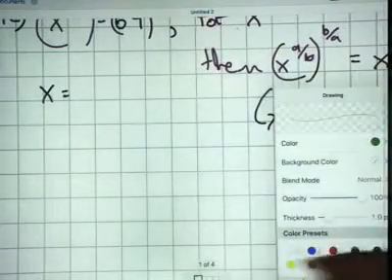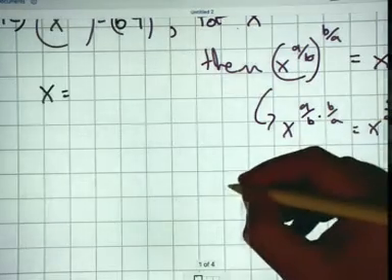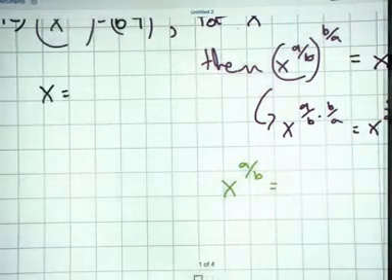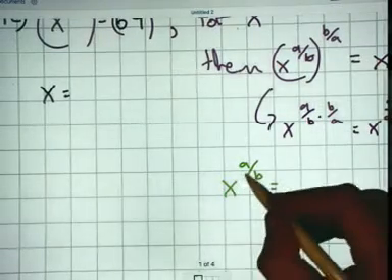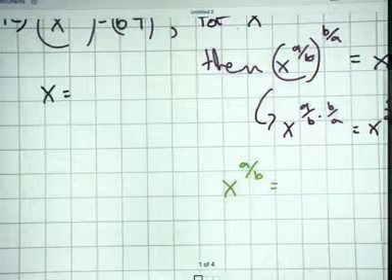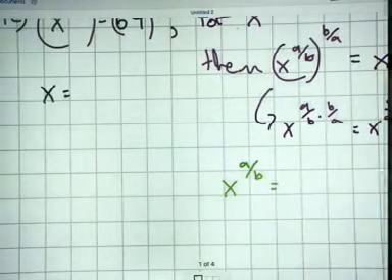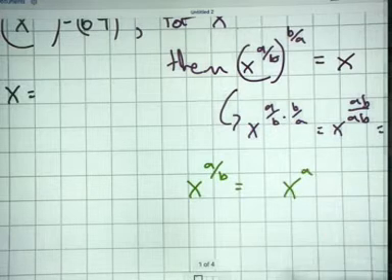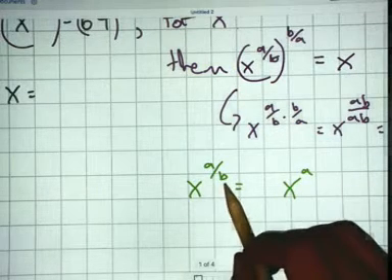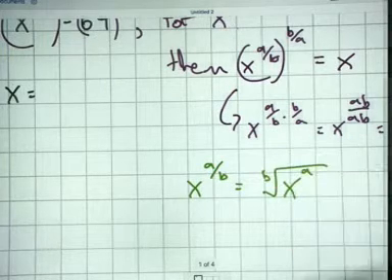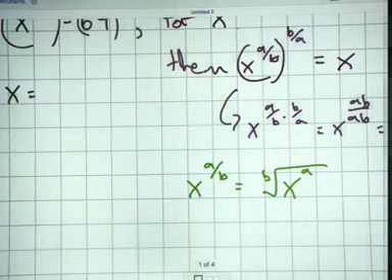So again, another thought for us. X to the a over b translates to the following. A in the numerator is the power of x, where b in the denominator is the index of our radical.